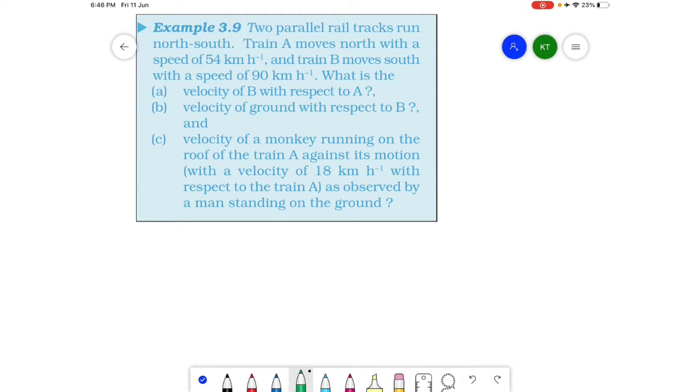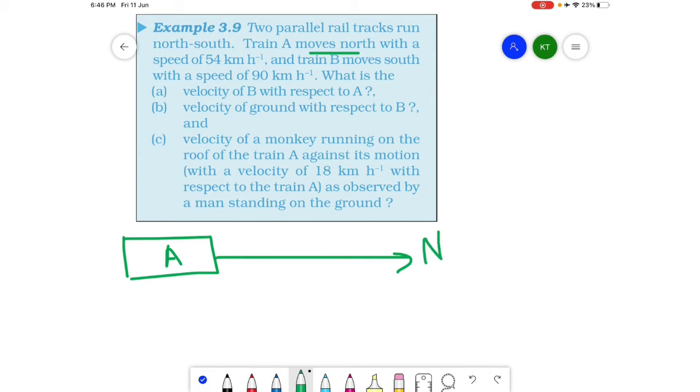Example 3.9. Two parallel tracks run north to south. Train A moves north with a speed of 54 km per hour. So we've got train A, which is moving north, from south, because the parallel rail tracks run north to south.